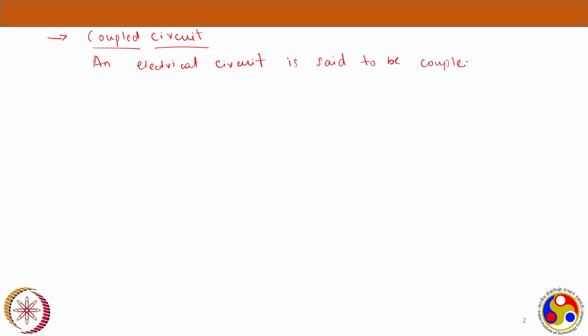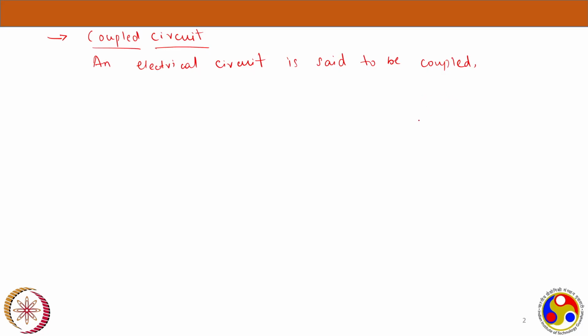Any idea when we call an electrical circuit coupled? We will call an electrical circuit coupled when there exists a mutual inductance between the coils present in the circuit. Let's say we have a complete electrical circuit, and there are different coils in that circuit. Now, if there exists a mutual inductance between those coils, then we can say that that particular electrical circuit is a coupled circuit. Now I am going to write that here.